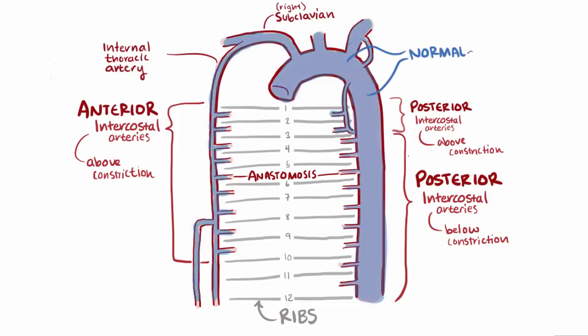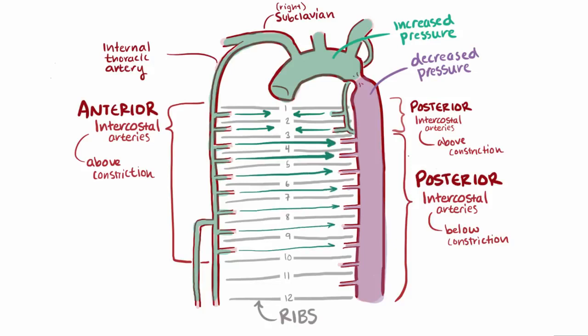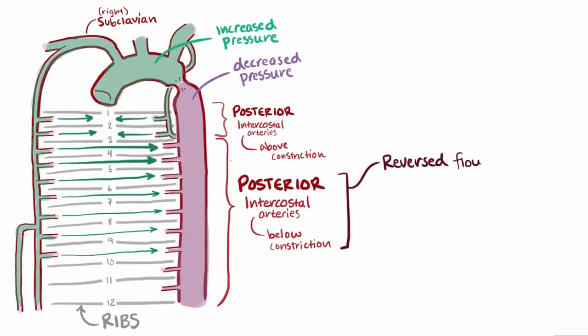Under normal circumstances, though, pressure is equal in the anterior and posterior arteries, so blood flows away from the heart, as expected. But now that we have this high pressure system in these anterior arteries and low pressure system in the posterior arteries for ribs 3 and below, you actually get reversed flow in the posterior intercostals.